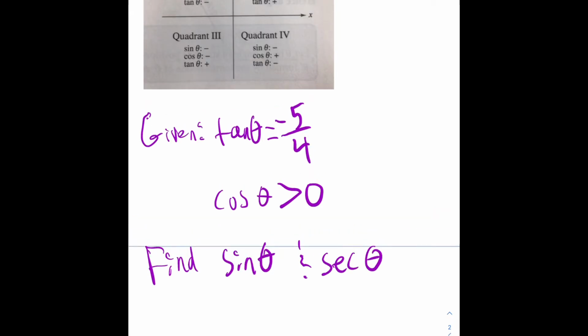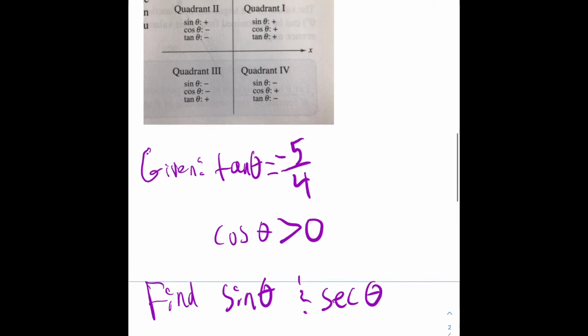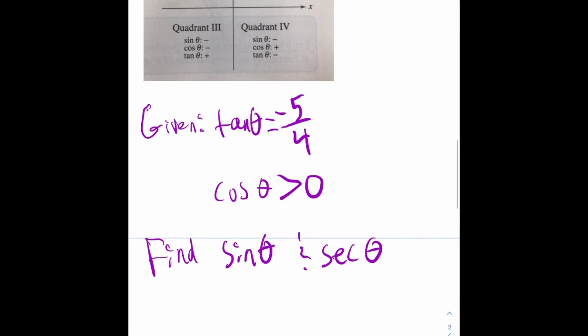We know that theta is going to lie in quadrant 4 because that is the only quadrant in which tangent is negative and cosine is positive. So it was given to me that my tangent is negative and my cosine has to be positive. So I know that my answer is going to be somewhere down there.